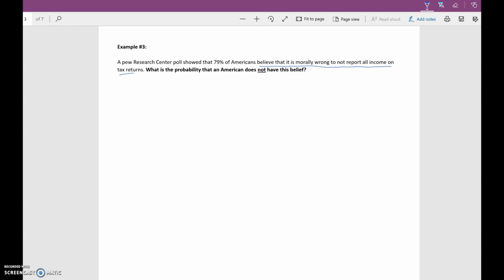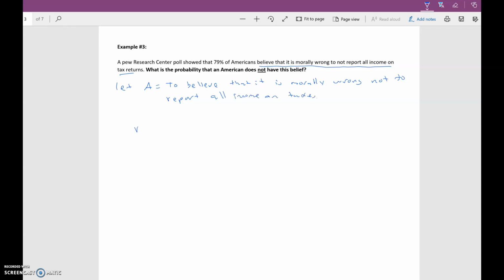So let A equal believing that it is wrong not to report all income on taxes.